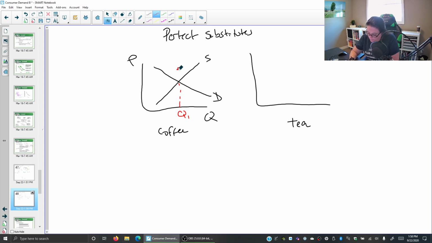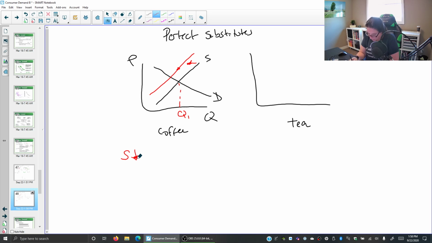So in fact, supply decreases, because the business isn't willing to produce as much at the same price. And if they're going to sell the same quantity, they're going to have to sell it at a higher price. So here we have this shift to the left, which is a decrease in supply. Well, what happens?